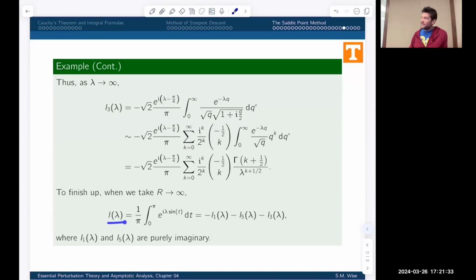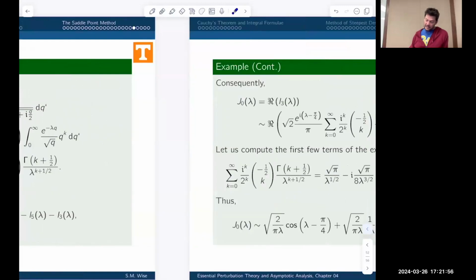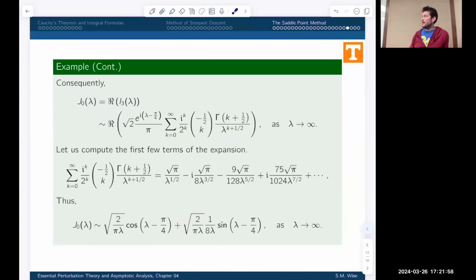All right, so now I have to complete the story. So we needed I lambda, and I lambda was all that. Okay, so we said that that's going to be minus I1, minus I5, minus I3. We just run the gamma 1, gamma 3, and gamma 5 contours in reverse, and we can replace that original contour integral with those contours. But I1 and I5 are purely imaginary. So ultimately, at the end of the day, I'm going to take the real part of that to get the Bessel function.